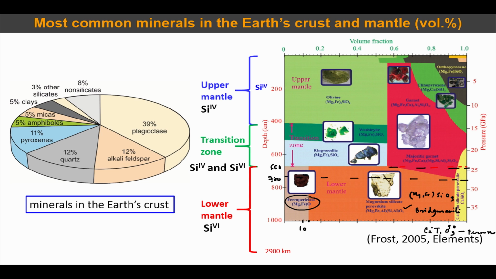So these three minerals are quite abundant below 700 kilometers in the lower mantle, and these three phases will exist up to 2700 kilometer depth, because our lower mantle is up to 2900 kilometer depth.